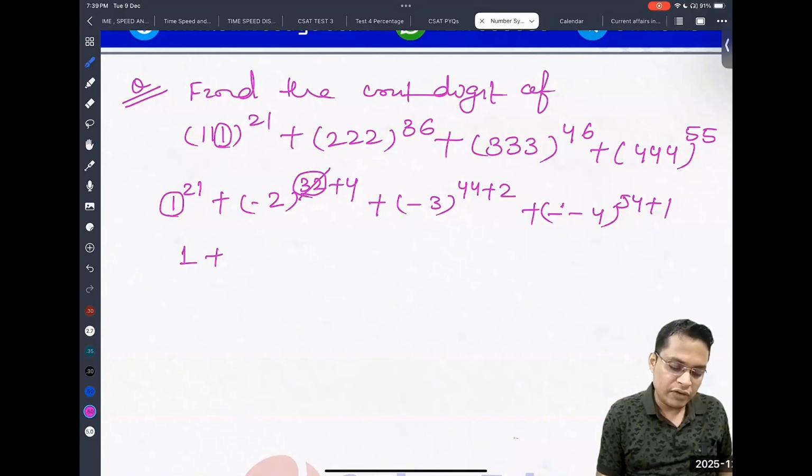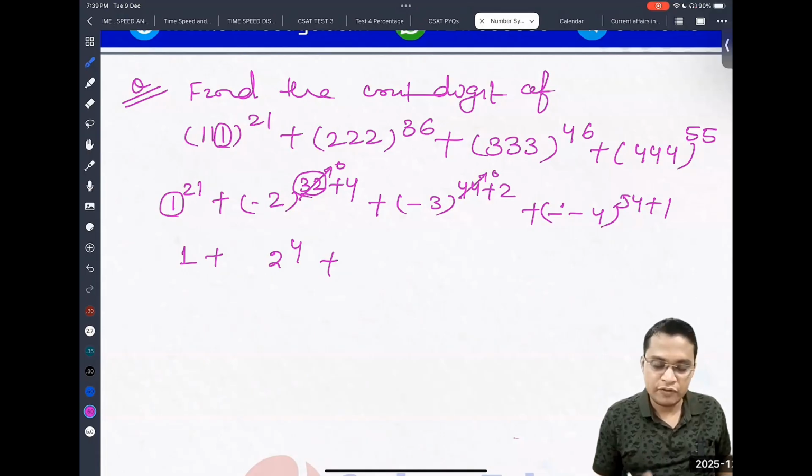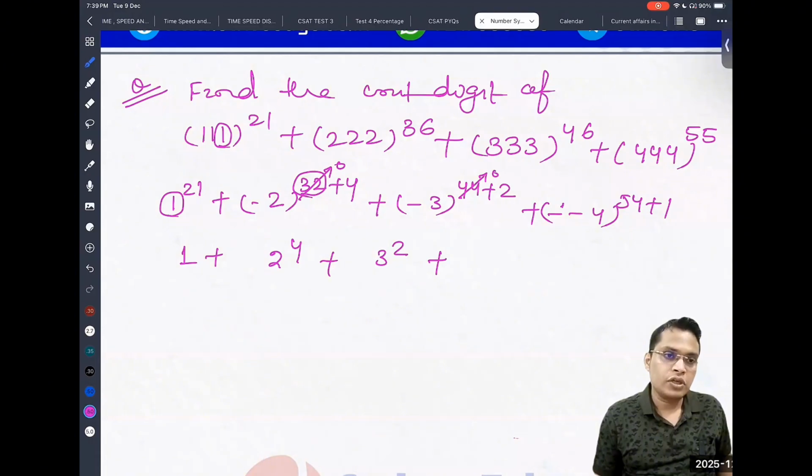So here we need to eliminate the multiple of 4, so we'll get 2 to the power 4 plus, again its cyclicity is 4, so we need to eliminate that. What we will get? 3 to the power square. Plus, I think you already know that it is 4 to the power 1. Okay. So we can write this as 1 plus 2 to the power 4 is 16.